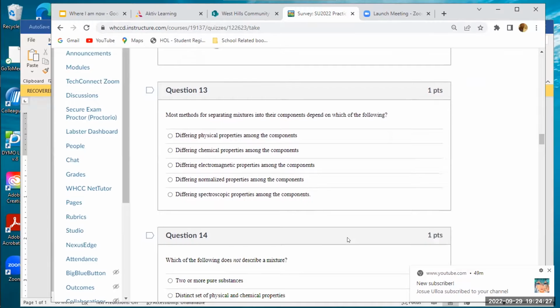Okay. Most methods for separating mixtures into components depend on which of the following. A, differing physical properties among the components. B, differing chemical properties among the components. C, differing electromagnetic properties among the components.